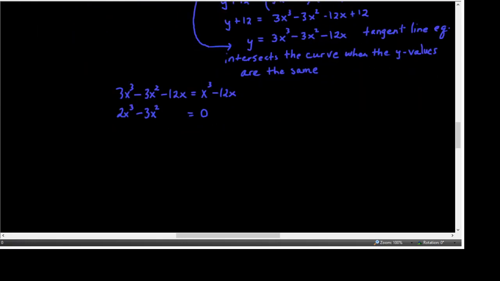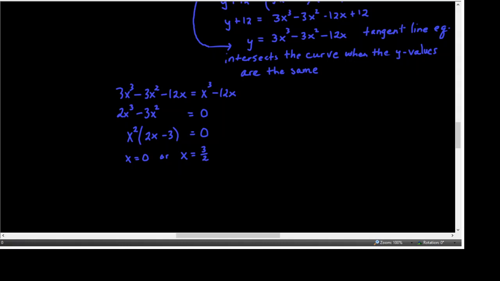So to solve a polynomial that's equal to 0, you should factor, if you can. There is a common factor of x squared, leaving 2x minus 3. So that product equals 0 when either x squared equals 0, which means x would be 0, or when 2x minus 3 is equal to 0. That is when x is 3/2.